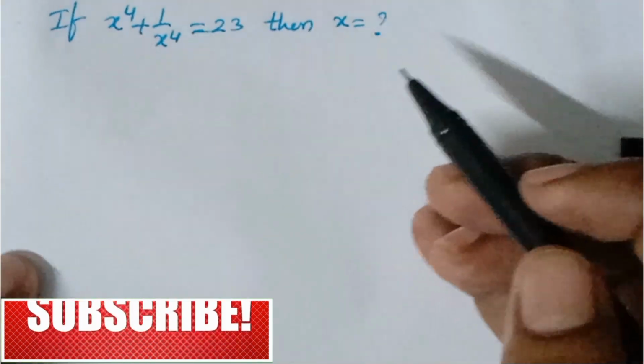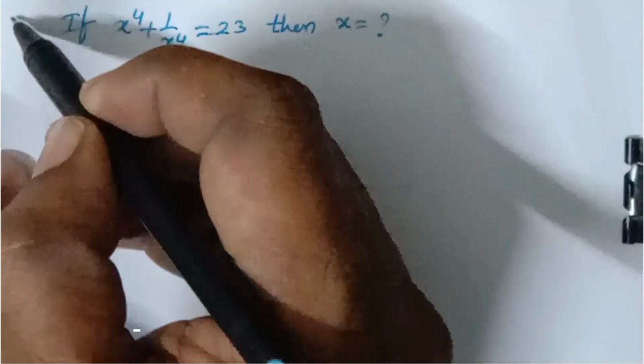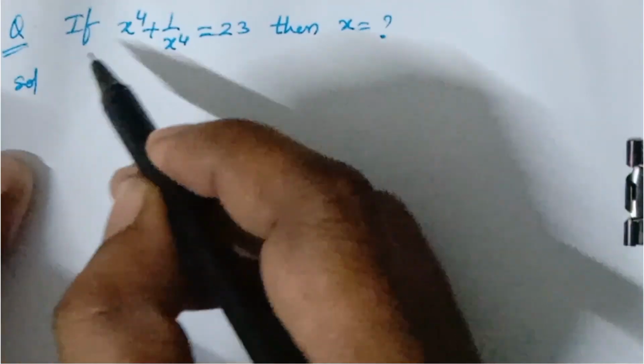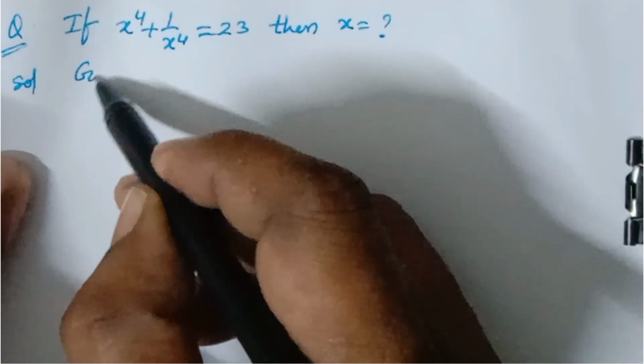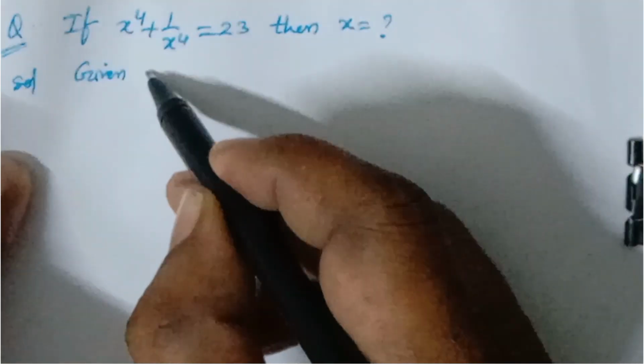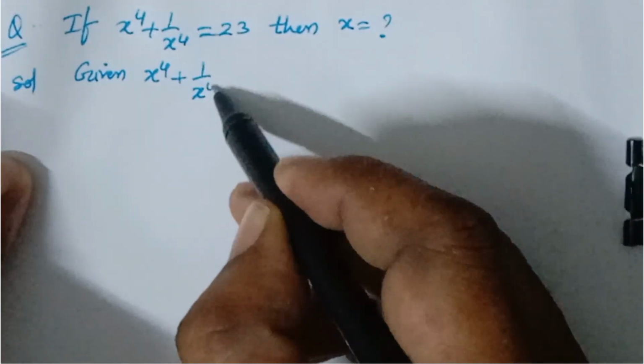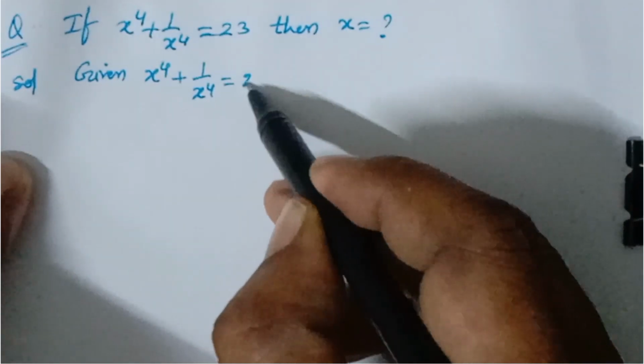So here you have to find the value of x. What is given first of all: x power 4 plus 1 by x power 4 is 23.